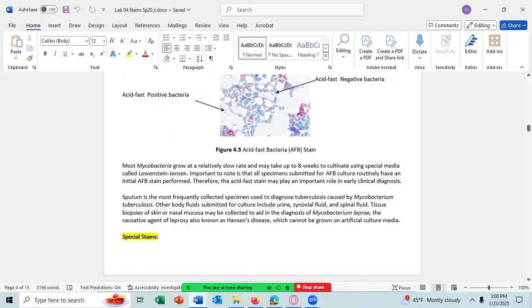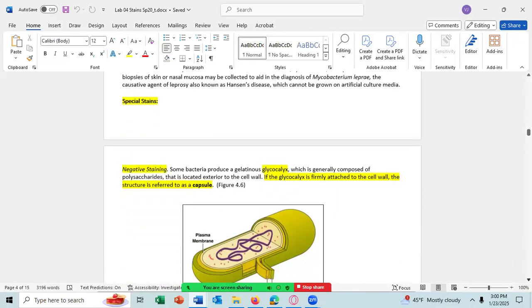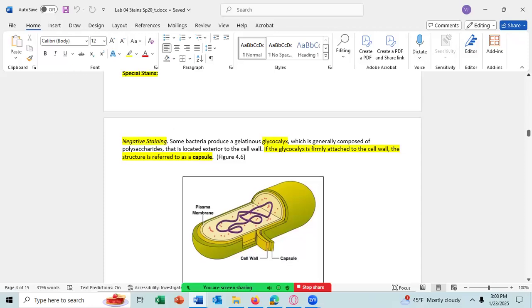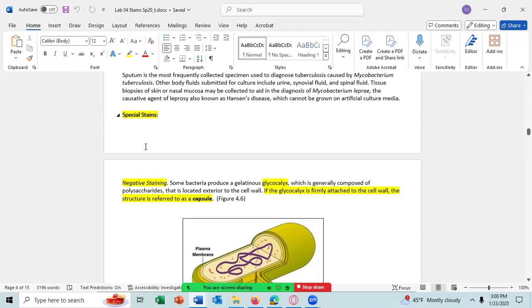All right, lastly, let's talk about the special stains. The special stains stain a special structure within the cell. So let me start this again. The special stains are a whole category of stains that can stain different things. The negative stain is a stain that we use to stain the glycocalyx.